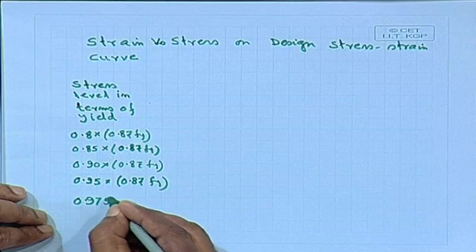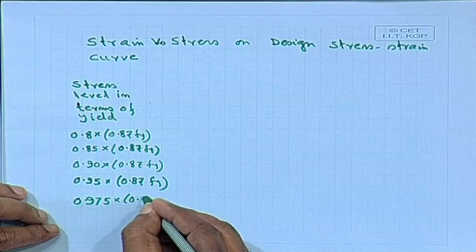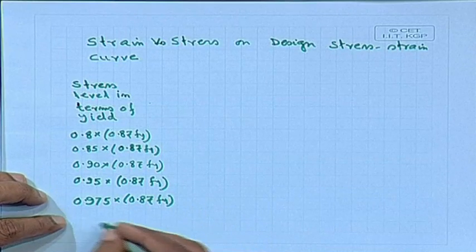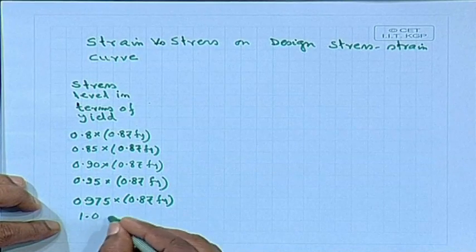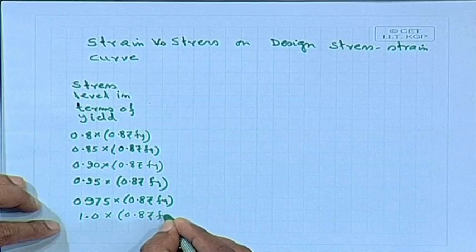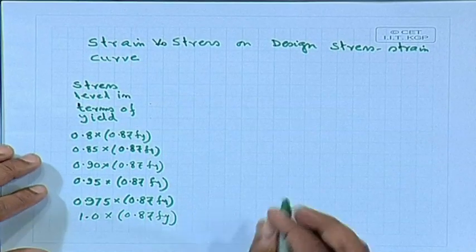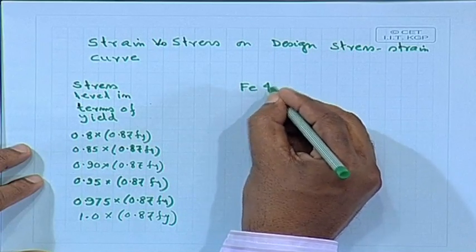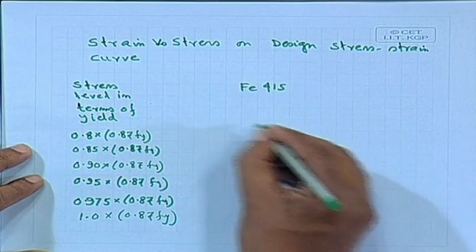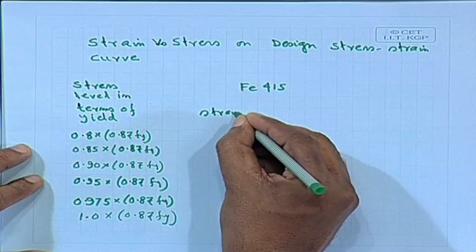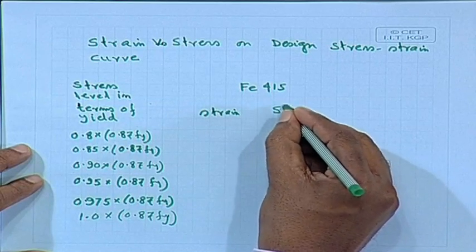We shall linearly interpolate, because if we get the corresponding strain, we can linearly interpolate. We shall take these few points in our case. Let us take Fe 415, strain and stress.